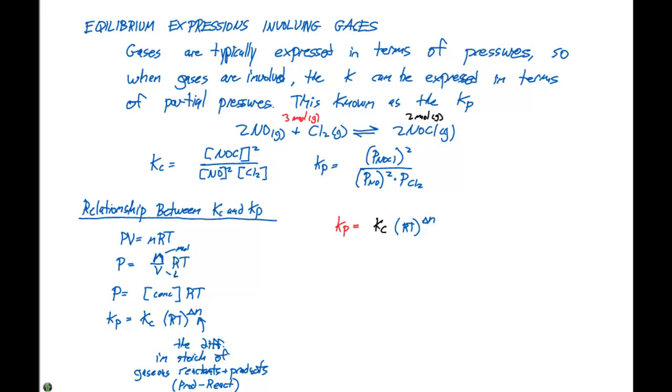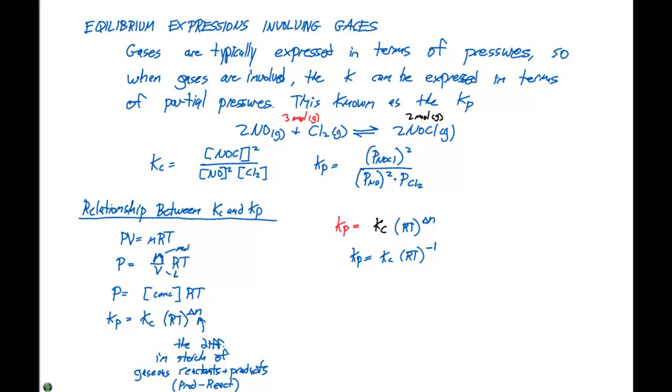In this particular case, we need to take products minus reactants. So our Kp is going to equal Kc times RT to the 2 minus 3, or to the minus 1 power.